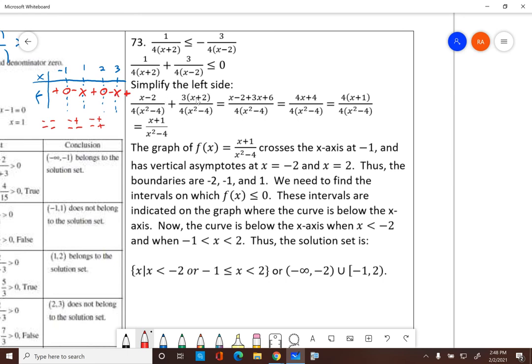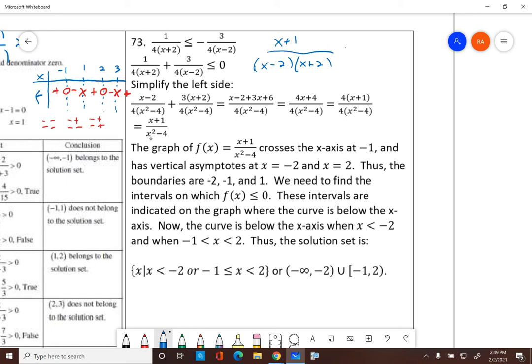Then I can distribute this 3x plus 6, add my numerators, combine like terms, and cancel out those 4s to get x plus 1 over, and I'm going to leave the denominator in nice factored form, x minus 2 times x plus 2.